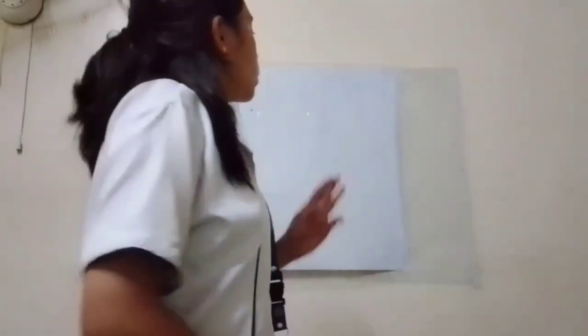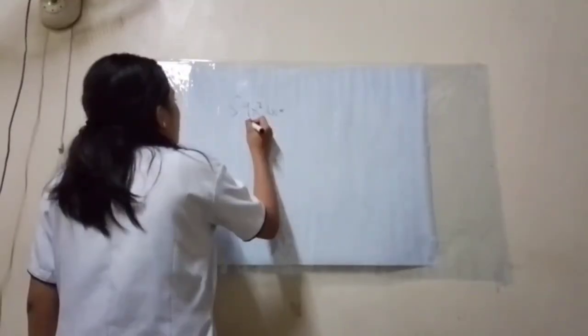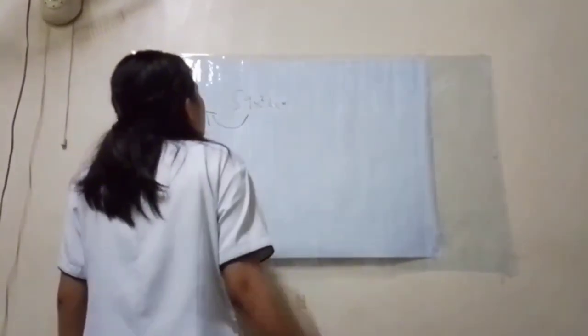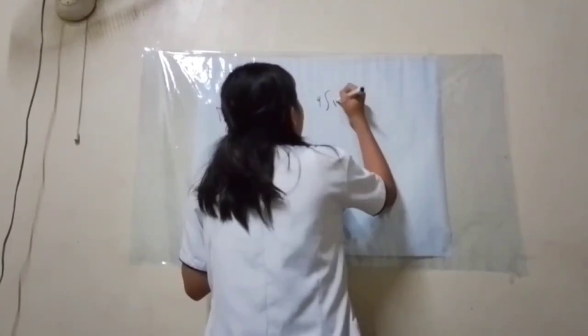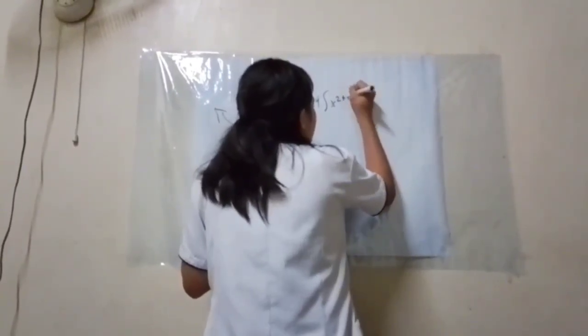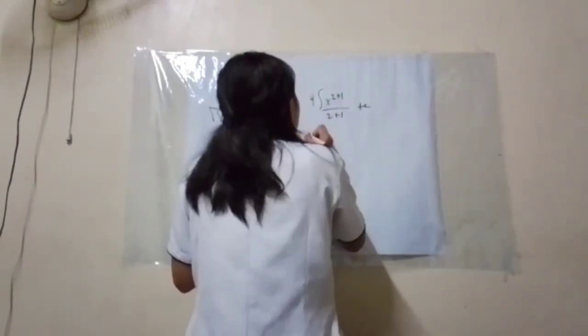Next is whole numbers. If we want to find the antiderivative, the integral of 9x squared, the first thing that we're going to do is put the 9 outside. Then it will be 9 times the integral of x to the 2 plus 1 divided by 2 plus 1, plus c.